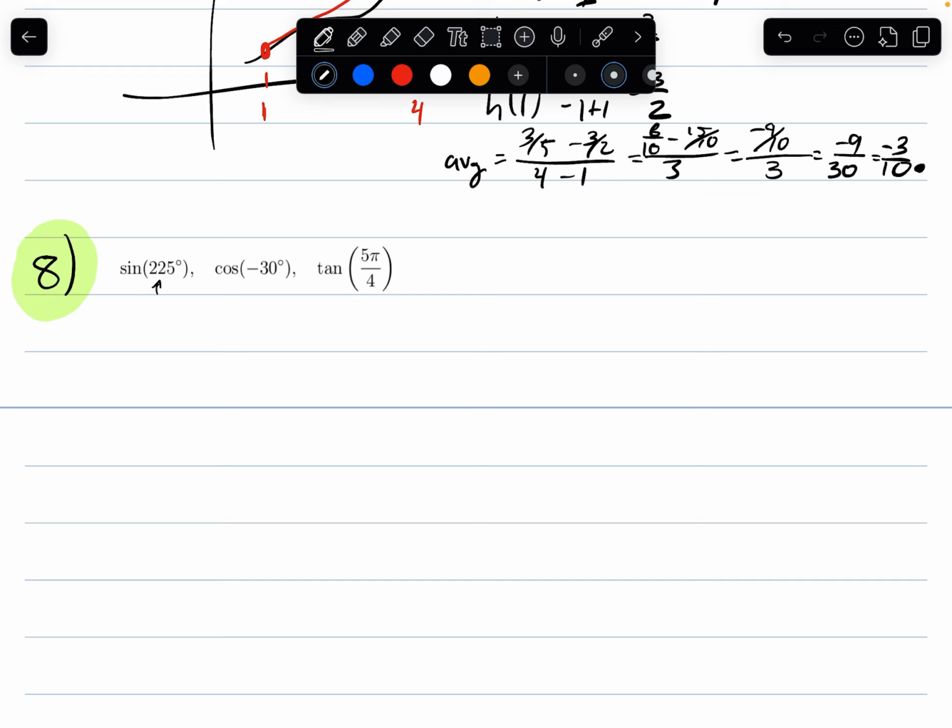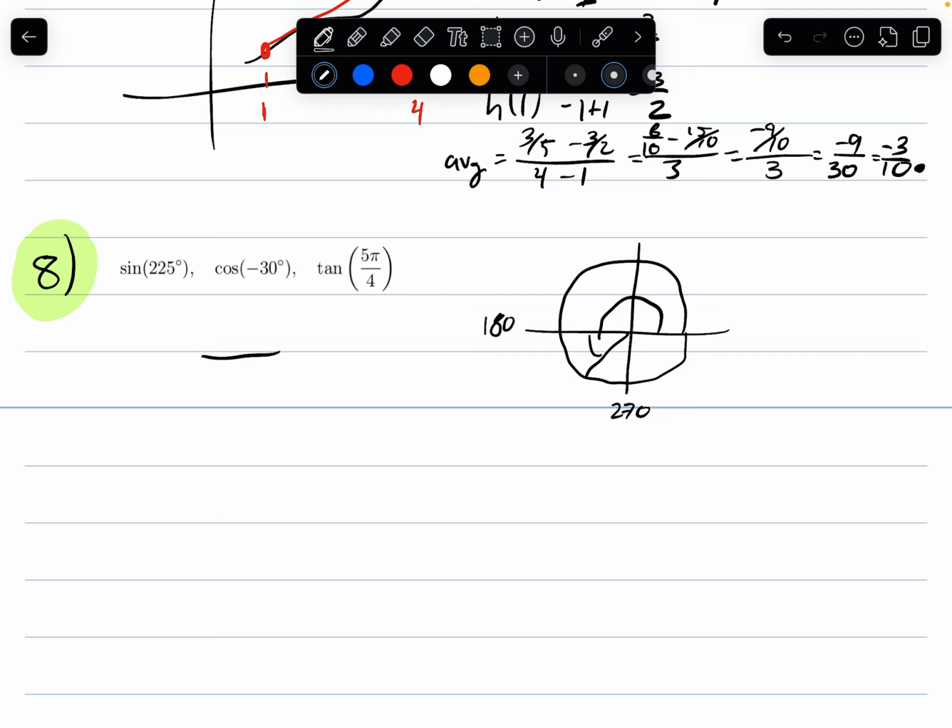So we look at this sine 225. So we make our unit circle. Good enough. And 225, we know that this is 180, so 225 is going to be here. Now, because this is 270, it's halfway between. So now what we do is we see, okay, this much is 180, and then this much is 45.